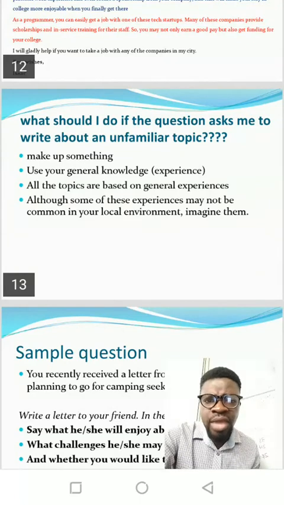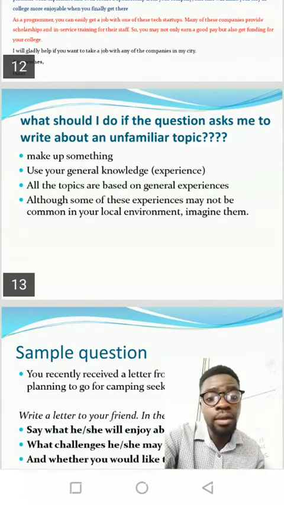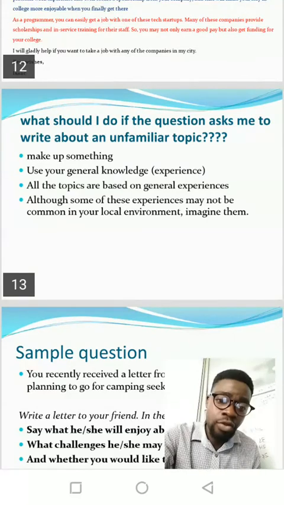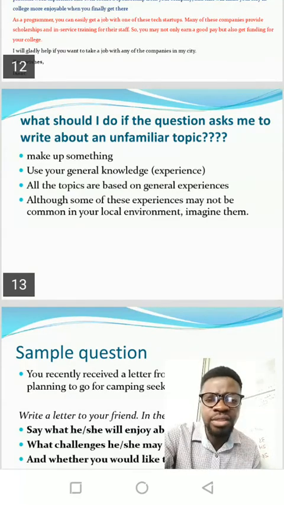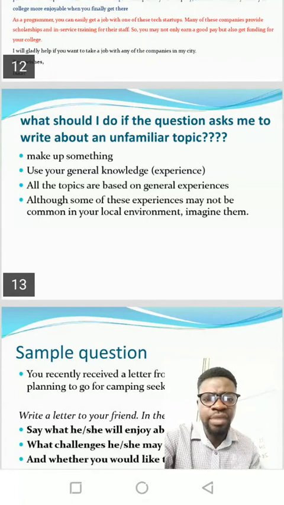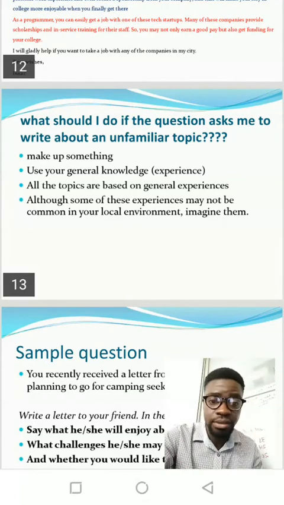And sometimes most people, especially those who are not very familiar with the Western culture or the environment in Europe or America, get a bit confused when they are asked to write on something they're not very familiar with.